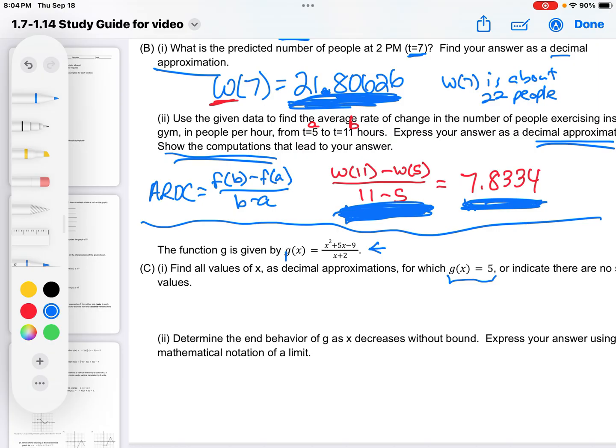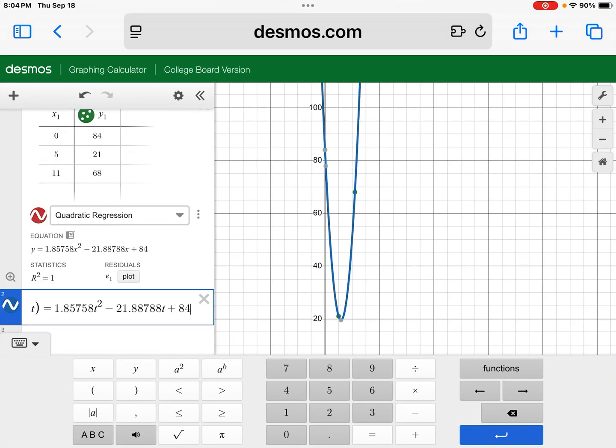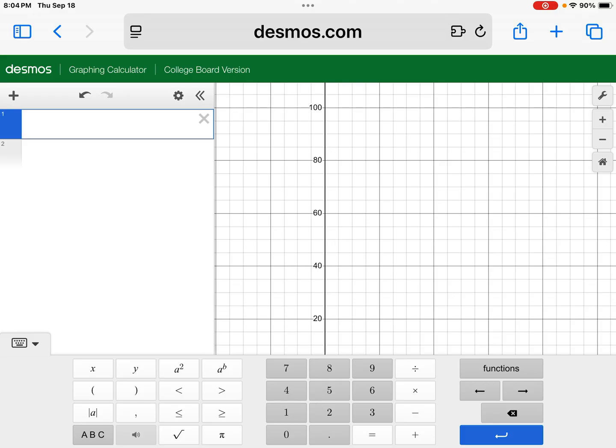So I'm going to take this g of x function, go back to my Desmos, and type this in. First, let me just clear out everything I had there. I'm going to call this g of x equals, then go to my key so I can see how to type it in.